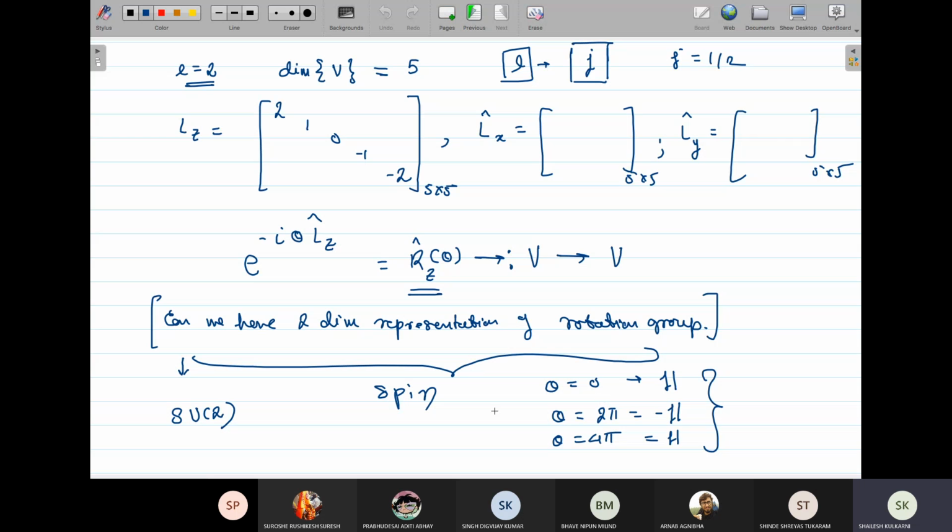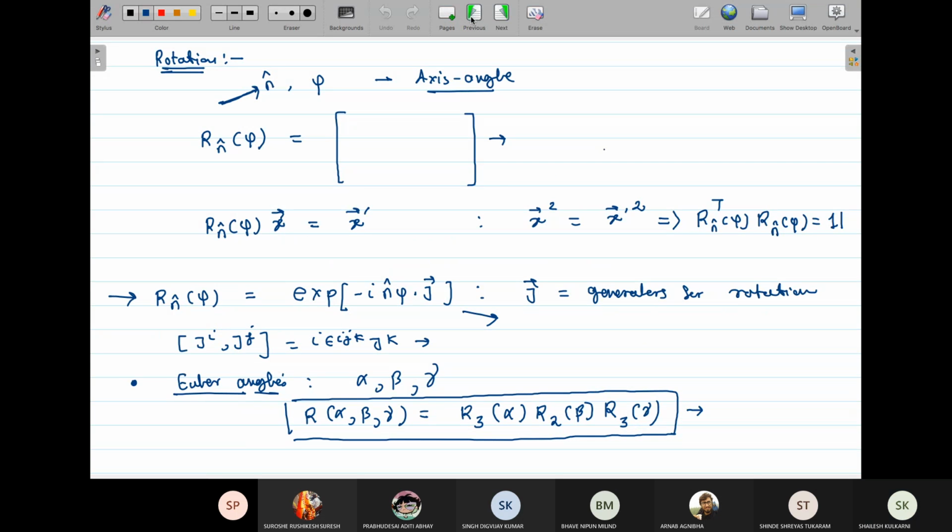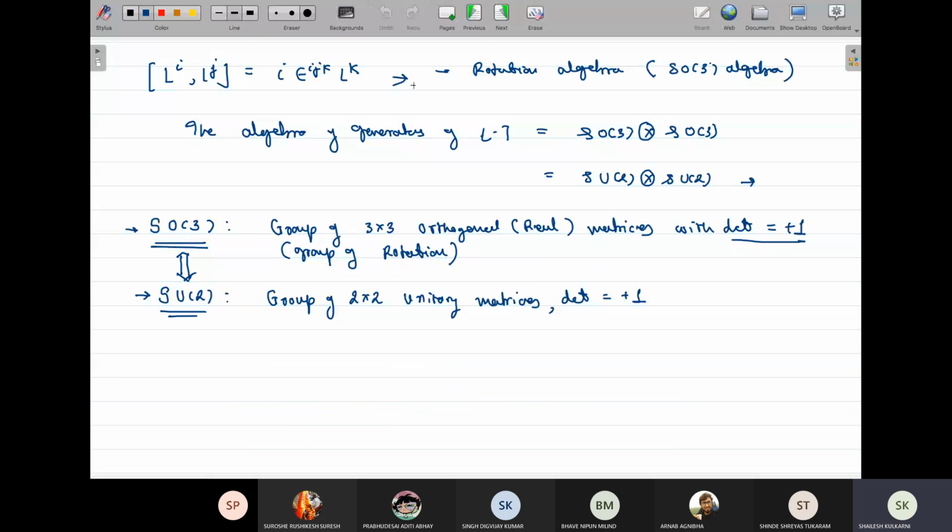We are interested in the spin representations of the rotation group. And now I can use this spin representation to classify the Lorentz group itself. Why? Because I know that the Lorentz group can be written as a direct product of SO3 cross SO3. So I will take one J from one SO3, and another J prime from another SO3, and form these representations.